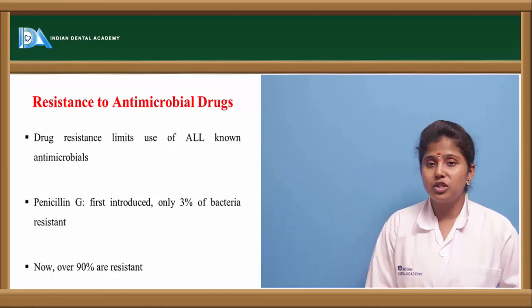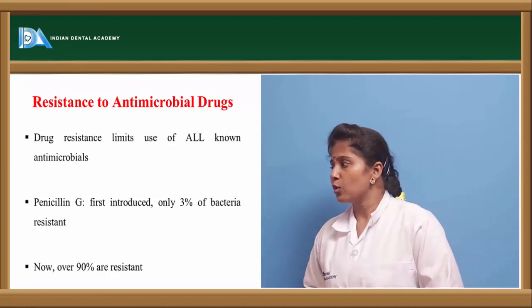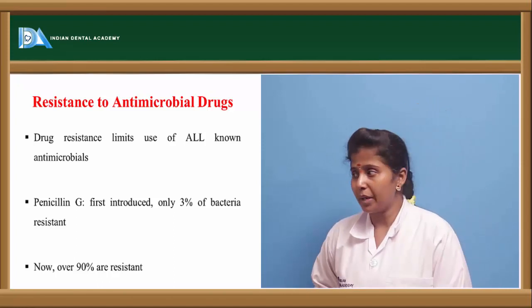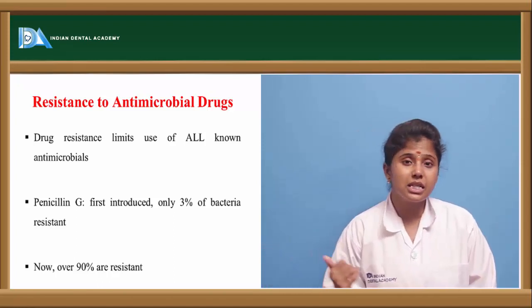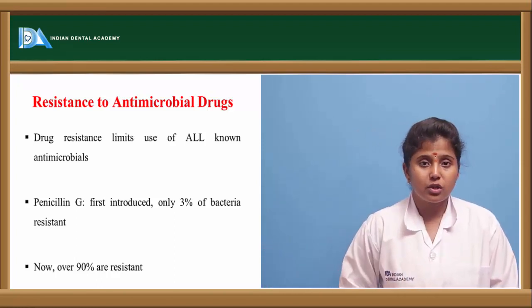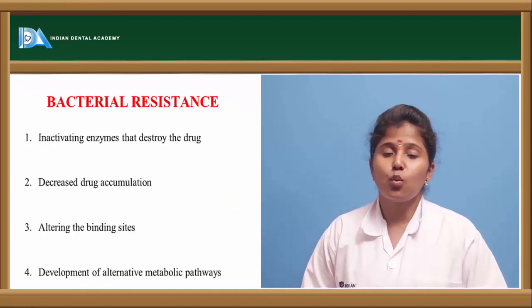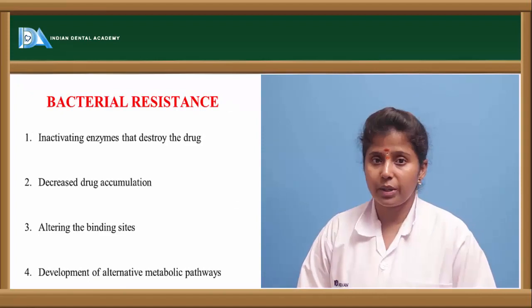So when penicillin G was first introduced, it was resistant against only 3% of bacteria. But now it is resistant to more than 90% of the bacteria. So why is the resistance caused by the bacteria?